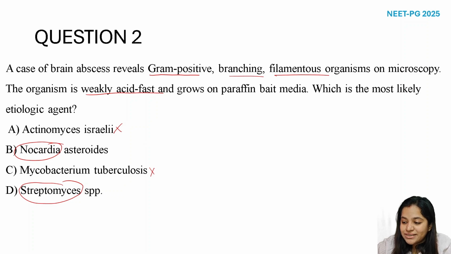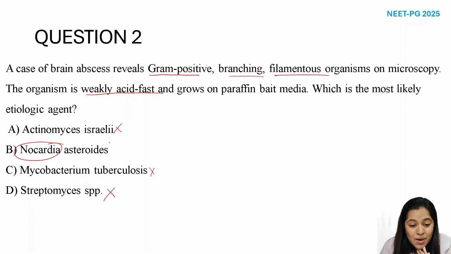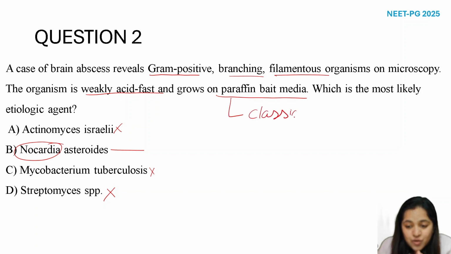Now your Streptomyces, it's also not acid fast. So your Streptomyces is also out. So what is left is your Nocardia asteroides. That is the one left. And also a very important point here is paraffin based media, which is classic for Nocardia. Okay.